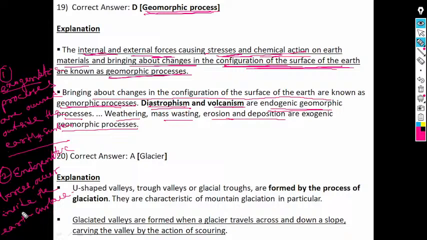Exogenetic outside and endogenetic inside. Diastrophism and volcanism are endogenetic; weathering, erosion, mass wasting and deposition are exogenetic geomorphic processes.